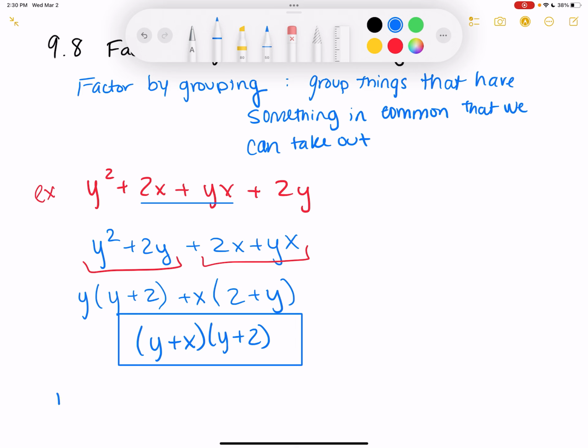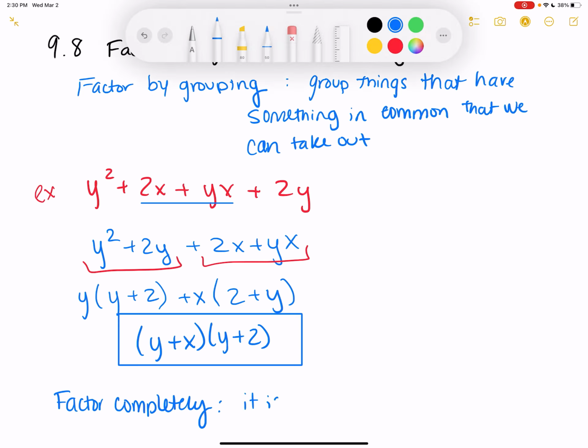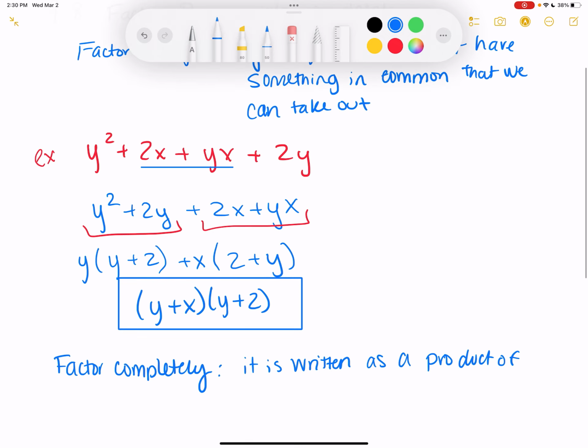Okay, something else it could say is factor completely, which basically just means that if it is factored completely, it is written as a product of unfactorable polynomials with integer coefficients.